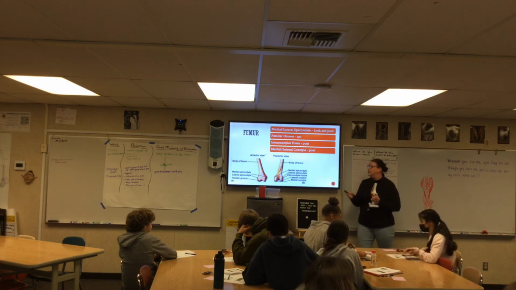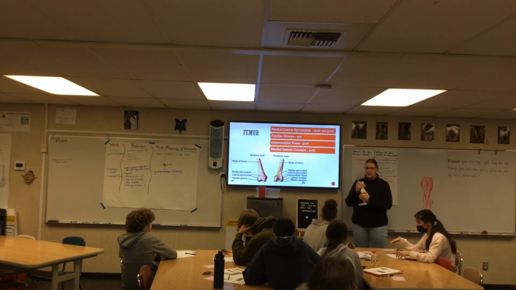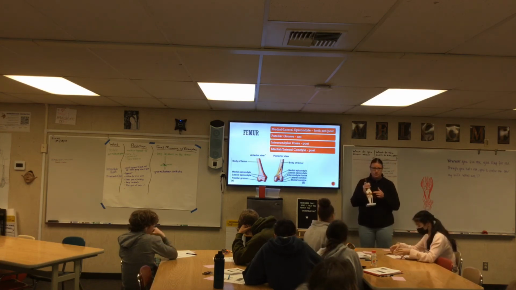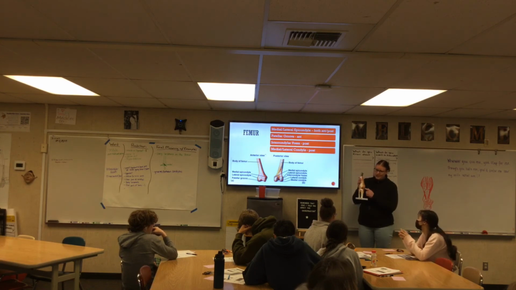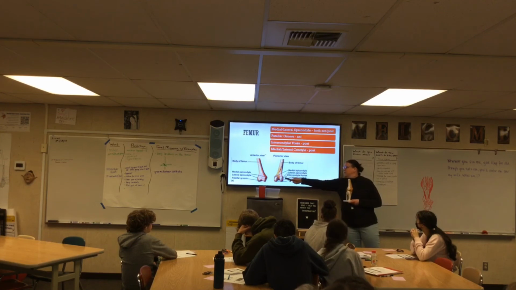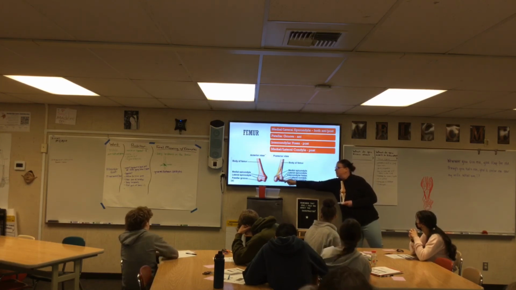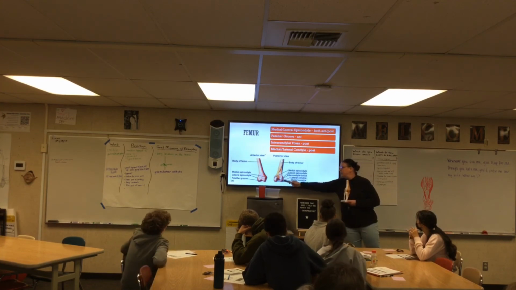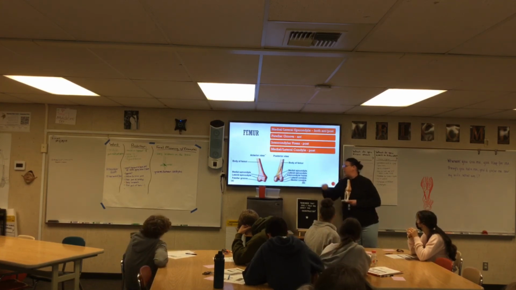And then you have the medial and lateral condyles. Those are posterior. So epicondyles are above, condyles are below. In the front, you can't see the condyles because they're under, so they're only viewed from the posterior aspect. If you look at the picture: medial epicondyle, lateral epicondyle, intercondylar fossa, lateral condyle, medial condyle.